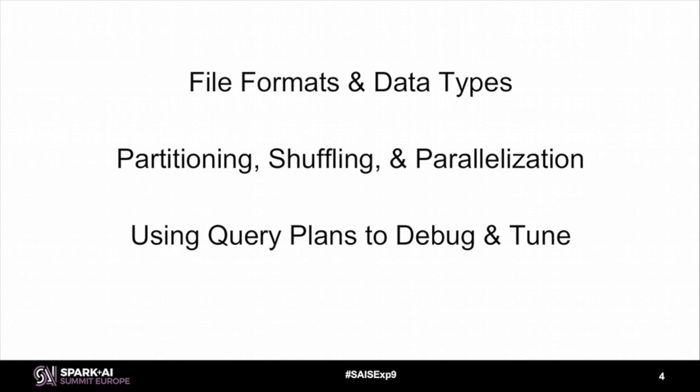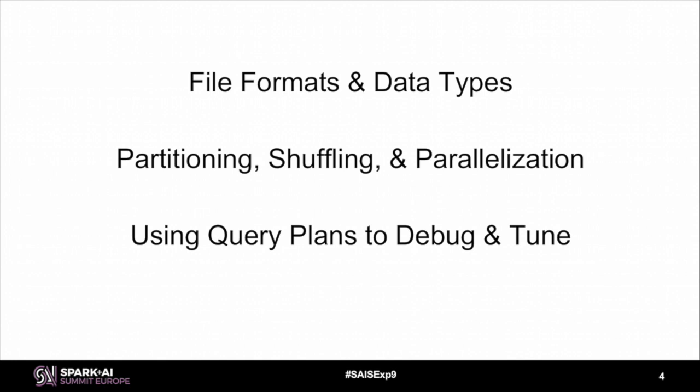Partitioning, shuffling, and parallelization, right? Spark being a distributed framework, understanding how it takes the data sources that you're reading, how they are distributed, when you're doing any sort of aggregations, joins, things like that, how shuffling comes into play, how it can impact your applications, and then finally, how you manage parallelization across your cluster.